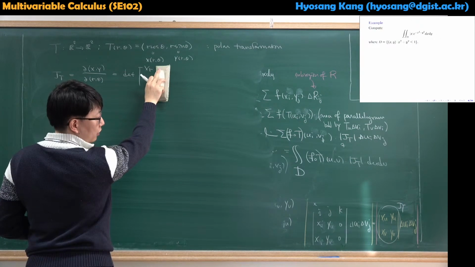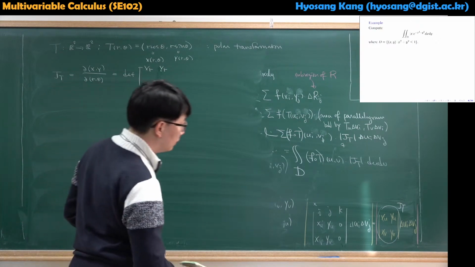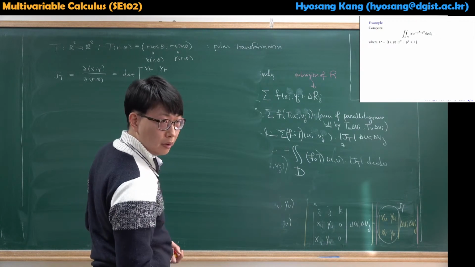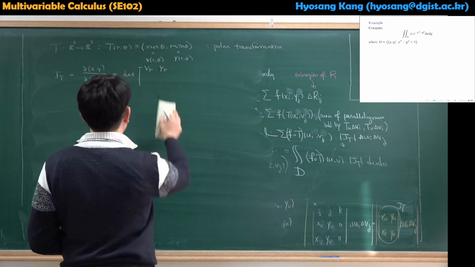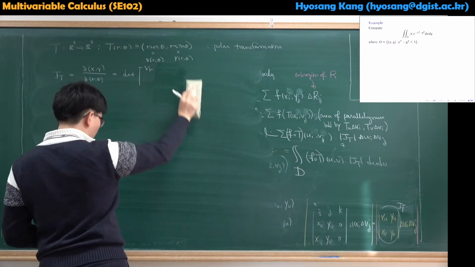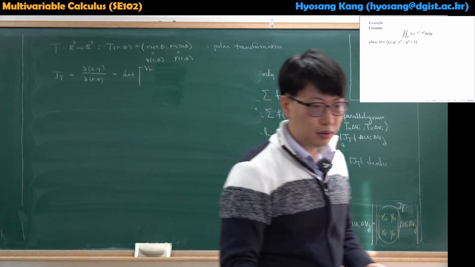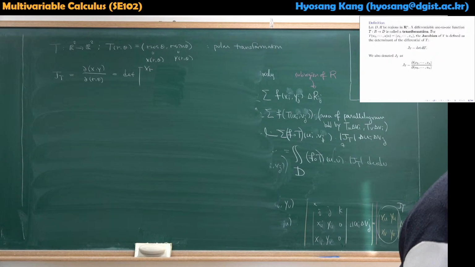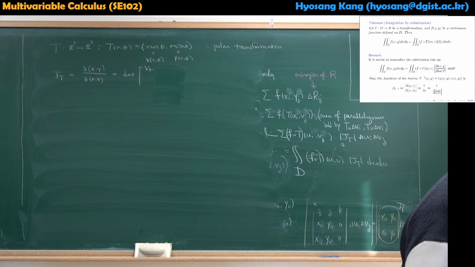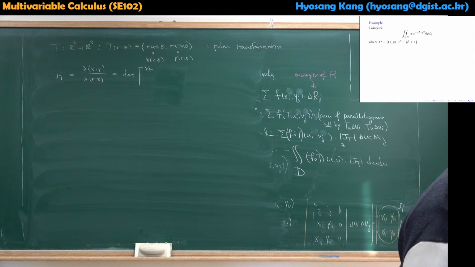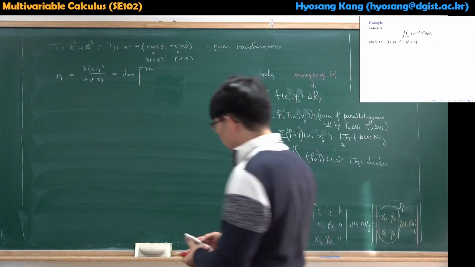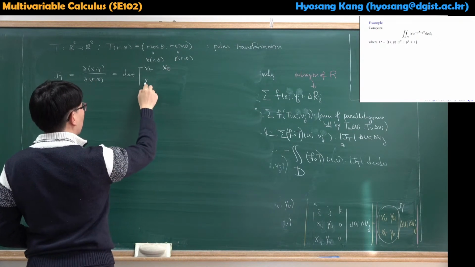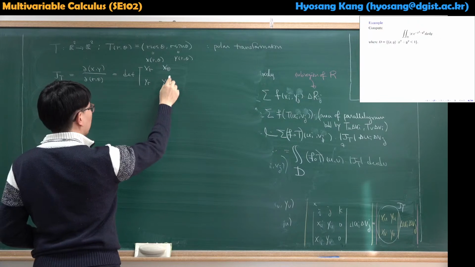It doesn't matter actually. When I use the Jacobian, I take the determinant of the differential, so this must be x_r, x_theta, y_r, and y_theta, right?